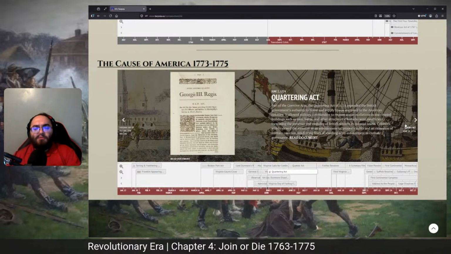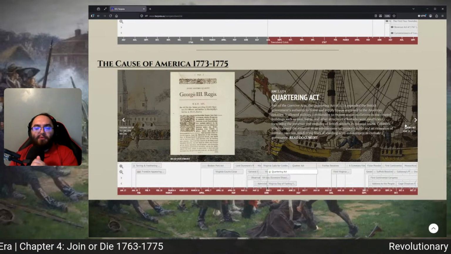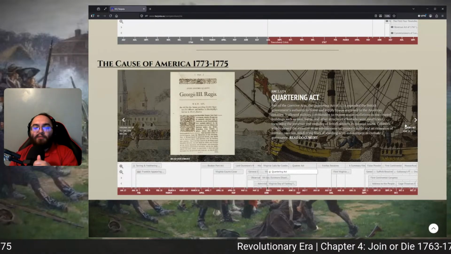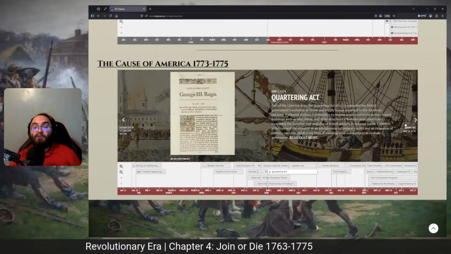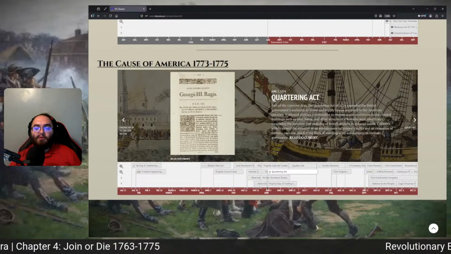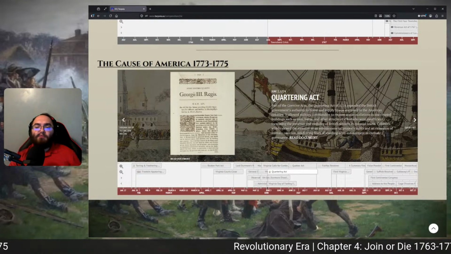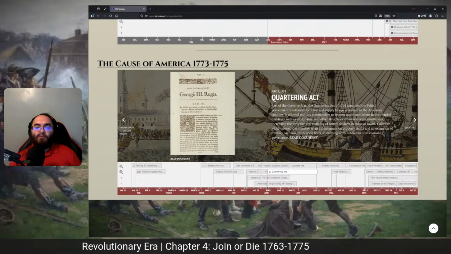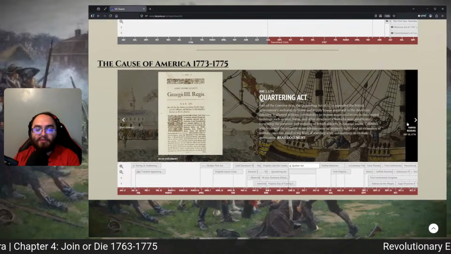It allowed military commanders to request accommodations in unoccupied buildings such as inns, barns, and other structures if barracks were insufficient, increasing the presence and visibility of British soldiers in colonial towns. Colonists widely viewed the measure as an infringement on property rights and an extension of military coercion, reinforcing fears of standing army enforcement in civilian governance.